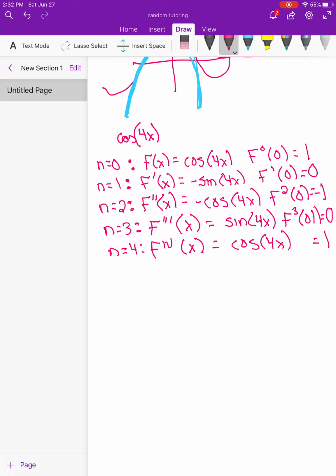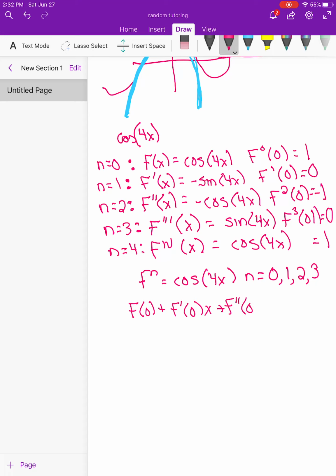So when you look at this in terms of f to the n equals cosine of 4x, with n equals 0, 1, 2, 3, meaning the first derivative, second derivative, etc., you get this formula: f of 0 plus f prime of 0 x plus f double prime of 0 x squared over 2 factorial plus f triple prime of 0 x cubed over 3 factorial, and f fourth prime of 0 x to the fourth over 4 factorial.